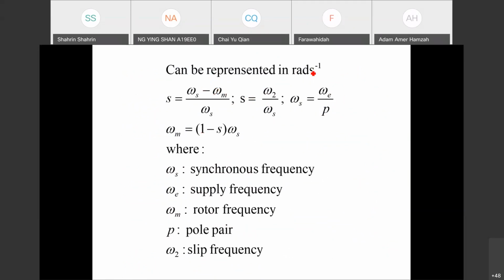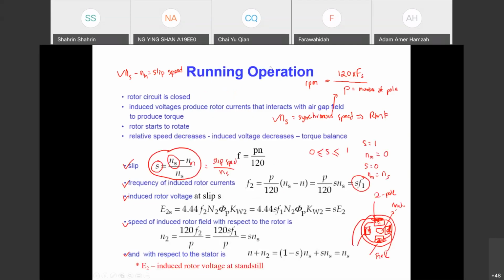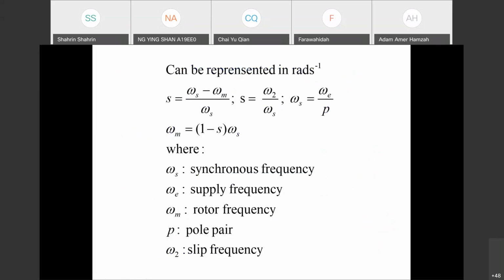So this one is NS. This is all actually in the RPM unit. But sometimes they will also ask you to calculate the synchronous speed in radian per second. So how can we convert NS into omega S?